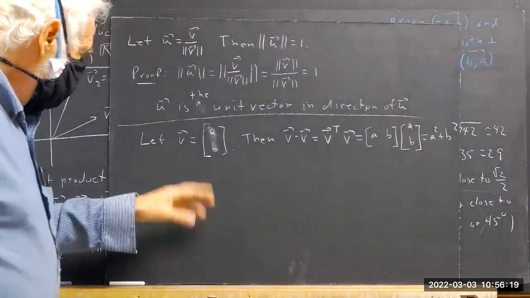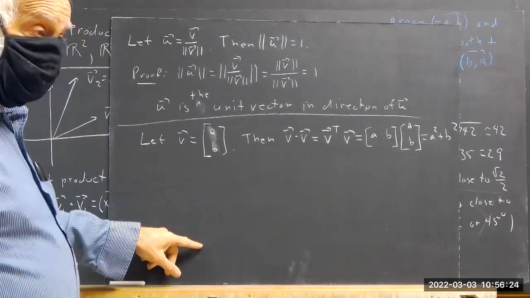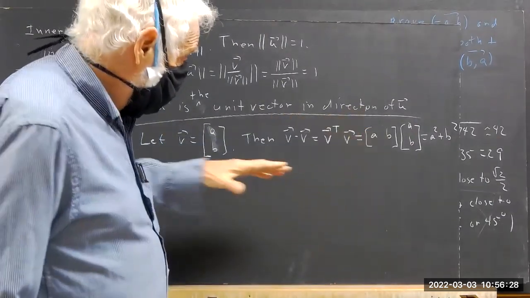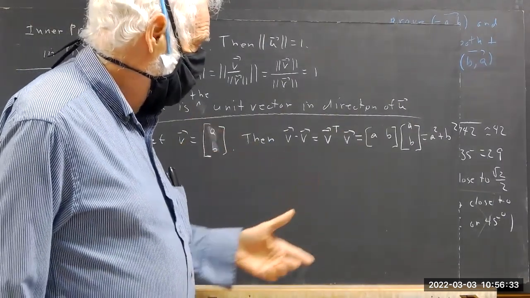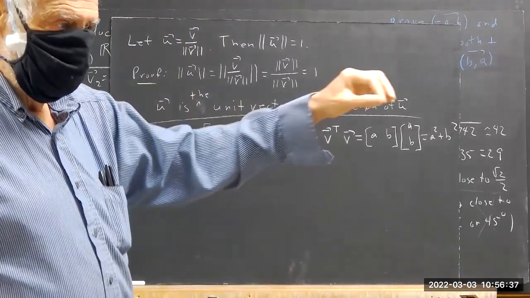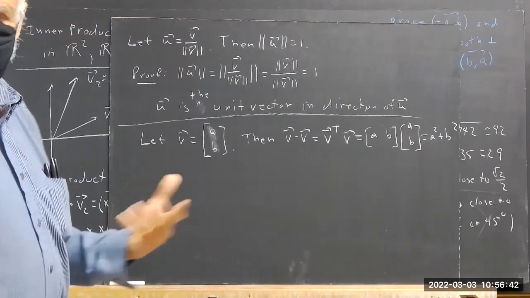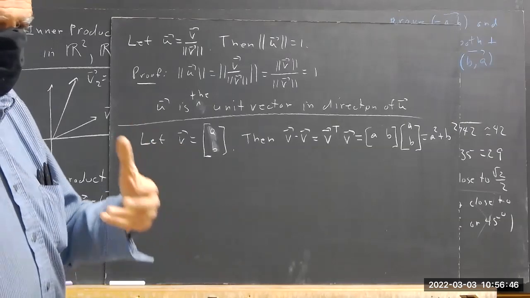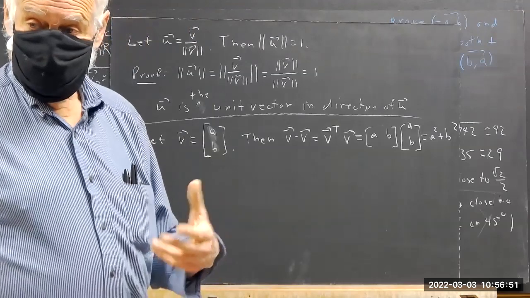And clearly, if this vector had been expressed as x1, x2, x3, dot, dot, dot, xn, then you can visualize what the transpose would be. It would be a row vector with the same components, and the components would still match up. So you would get x1 squared plus x2 squared all the way up to xn squared. And that's just an extension of the Pythagorean theorem into higher dimensions. If you extend the Pythagorean theorem into 3 dimensions, it's really easy to see that it works.